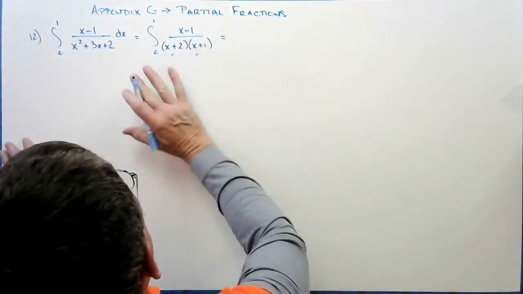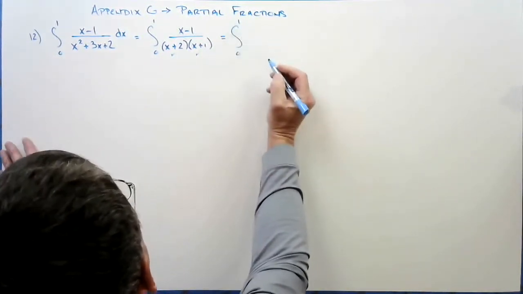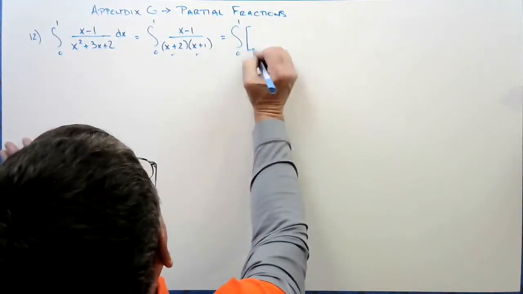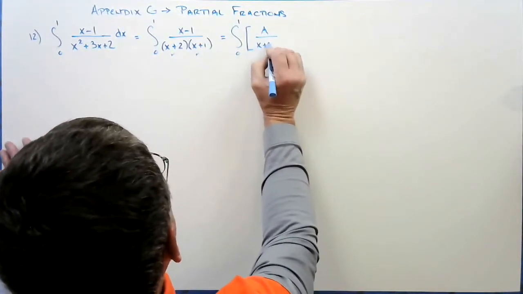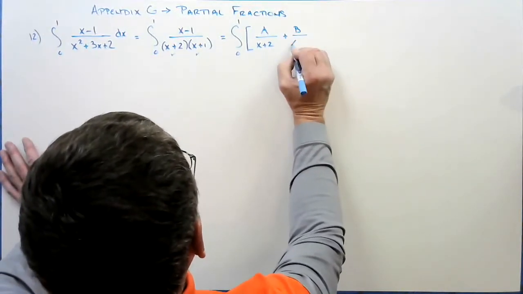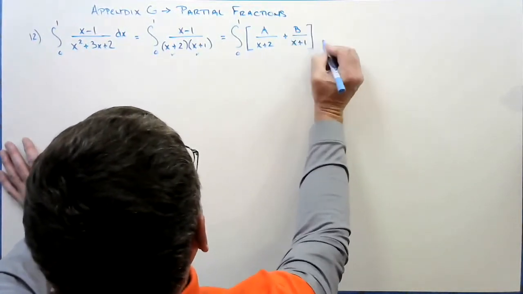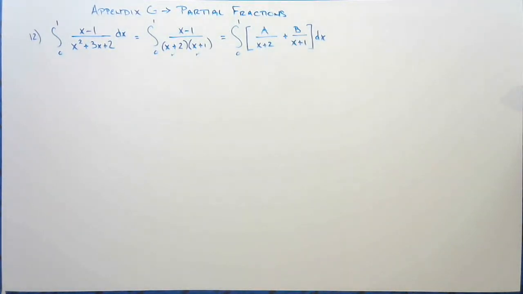To solve this, we're going to rewrite this as the integral from 0 to 1 of A over x plus 2 plus B over x plus 1 dx. All right, this is our partial fraction strategy.